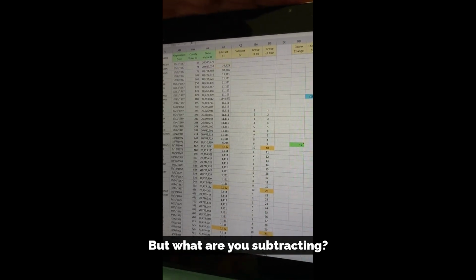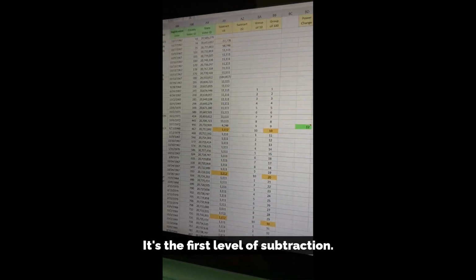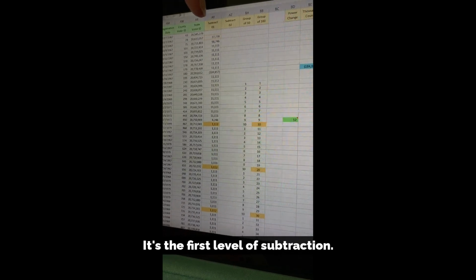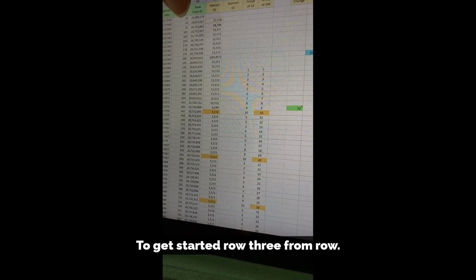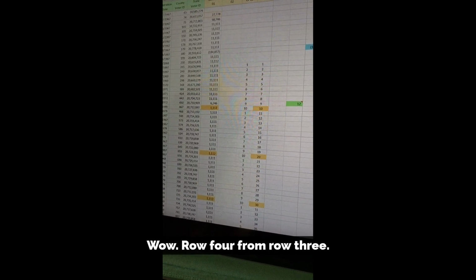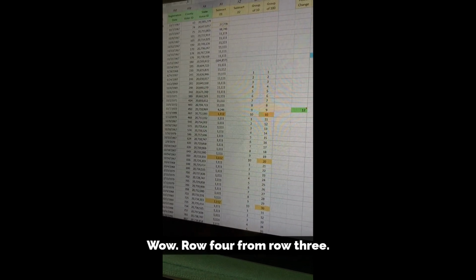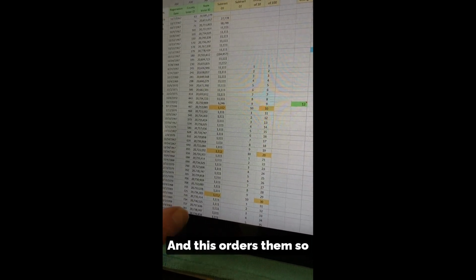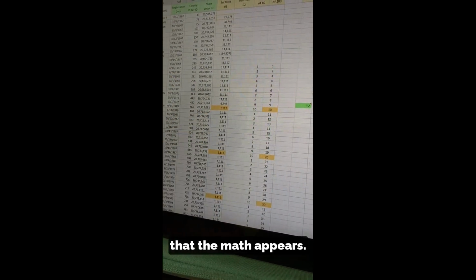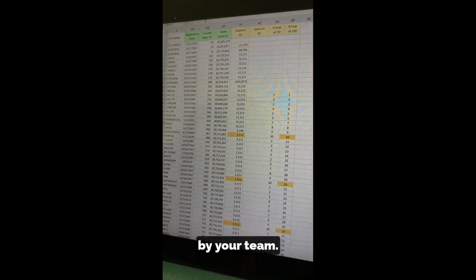But what are you subtracting? It says subtract 1. It's the first level of subtraction. But what are you subtracting from what to get started? Row 3 from row 2. Oh, wow. Row 4 from row 3. Oh my gosh. And then you get these. And this orders them. Yes, I see that the math appears. That's amazing that this was discovered by your team.